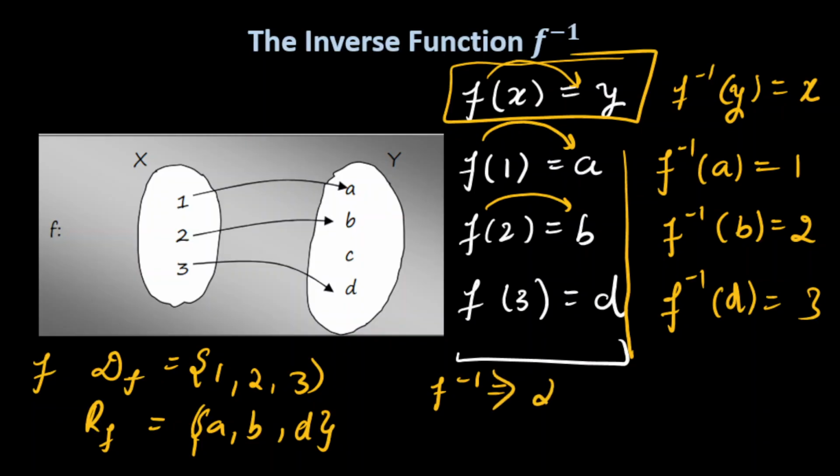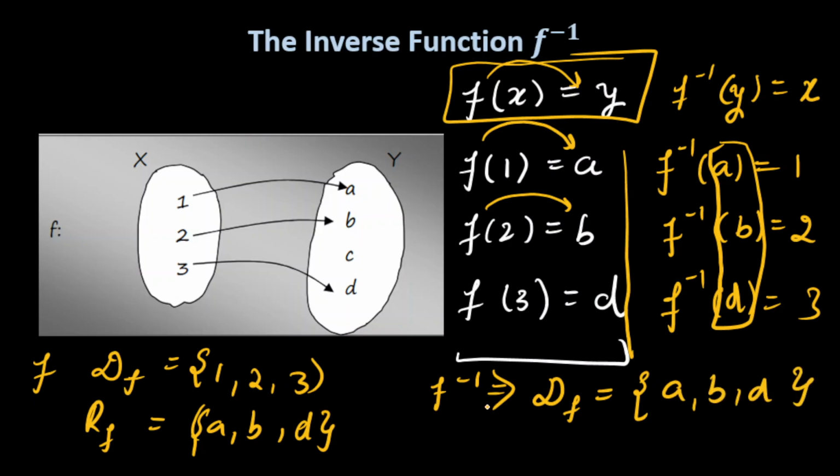what we can see here, domain of a function is a set of all x involved. But here these are the elements of the first set. So here domain will become A, B, D. For the inverse function, domain is A, B, D and range of f inverse is 1, 2, 3.